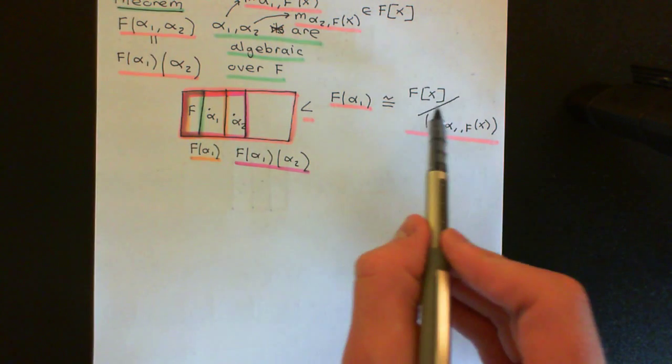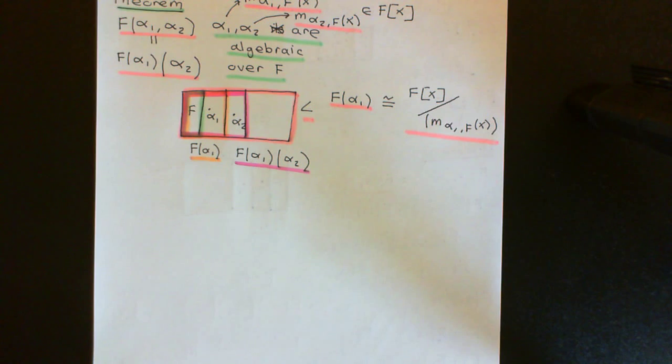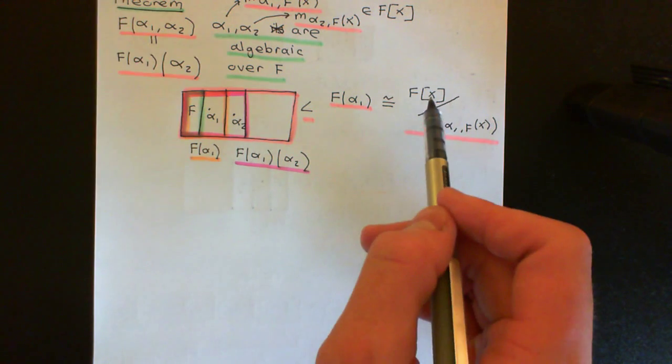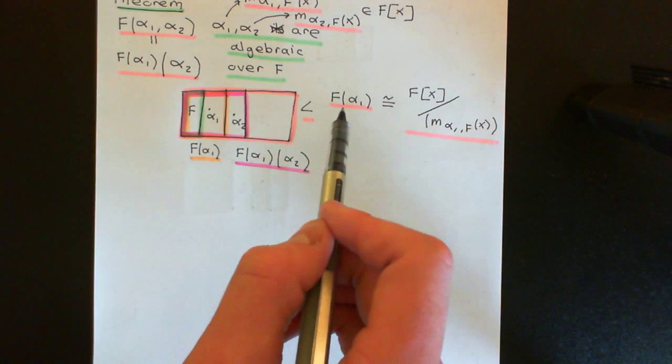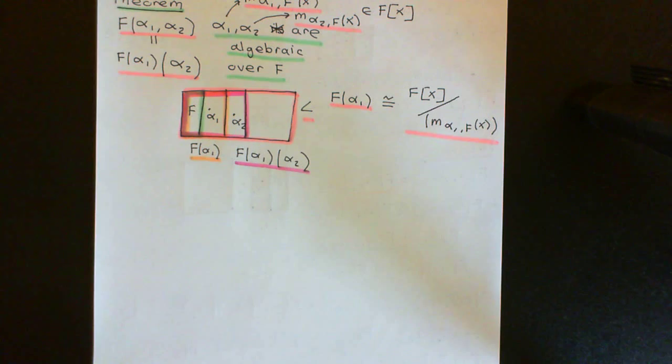Just work out all of the polynomials in the ring of polynomials over the field capital F, okay, evaluate them all at alpha 1 and you'll get loads of elements in this larger field capital L. Keep all of those elements in the set.